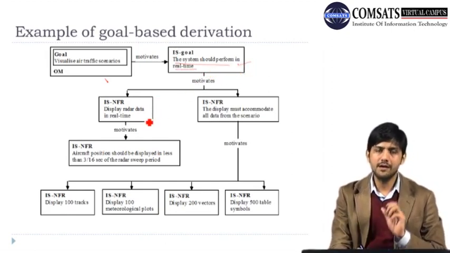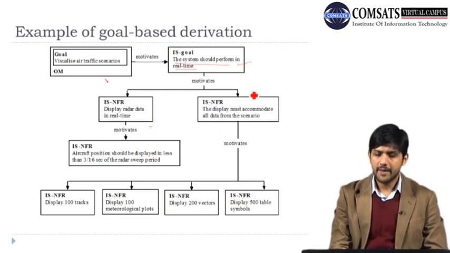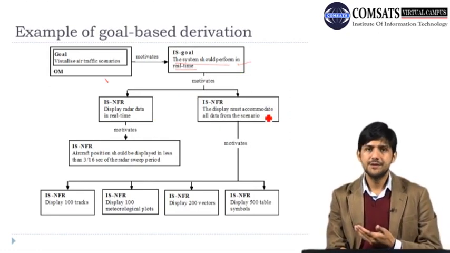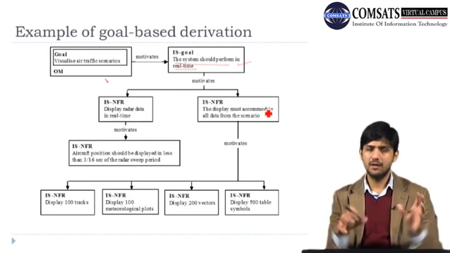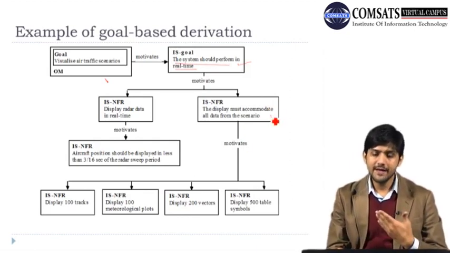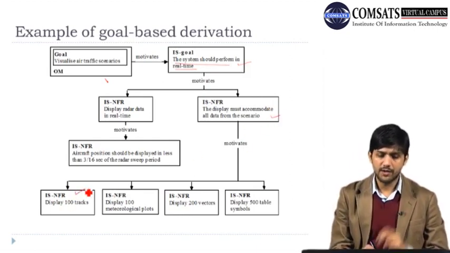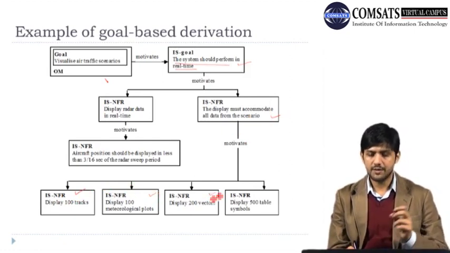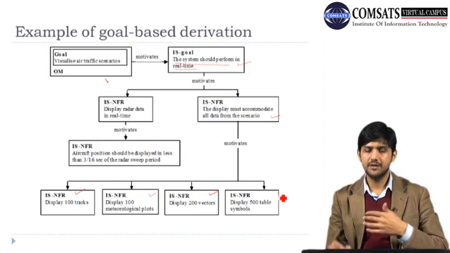One is to display radar data in real time, and the second is that the display must accommodate all the data from the scenario, so it actually shows all the data. What do we mean by all the data? It should display 100 tracks, 100 meteorological plots, 200 vectors, and 500 table symbols.